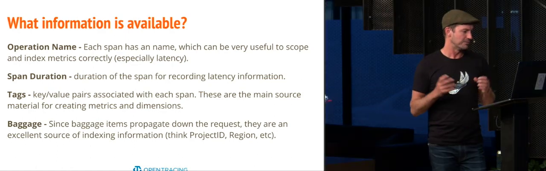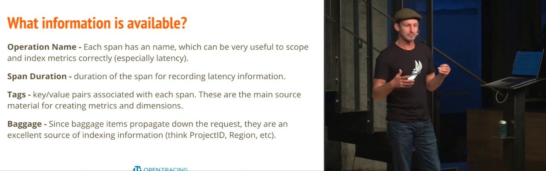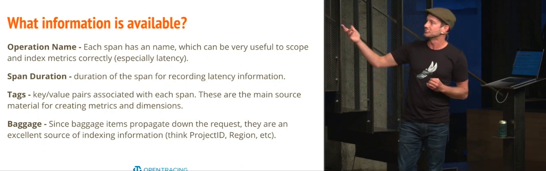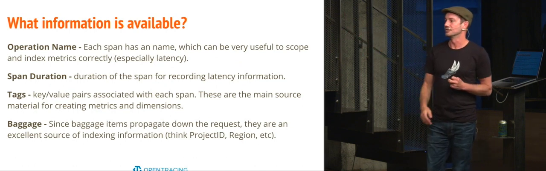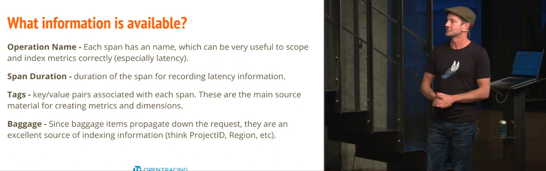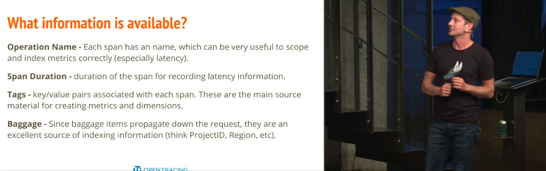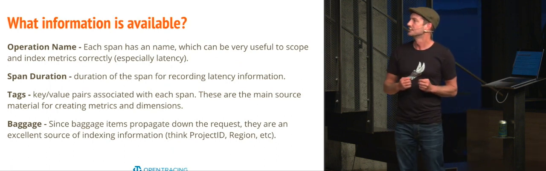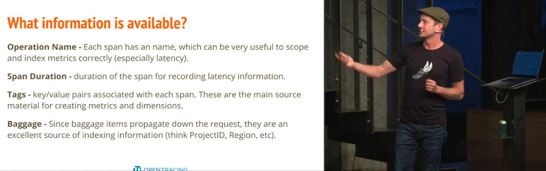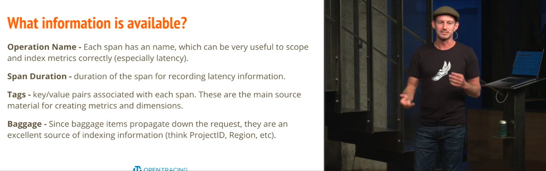And first of all, what information do you have available? What information do I see people creating metrics out of? Well, the operation names for each span are gold. Getting all of your requests into your metric system and then being able to index or add dimensional data using the operation names works very well. Span duration, like latency information, is really useful for setting up SLAs and alerting.